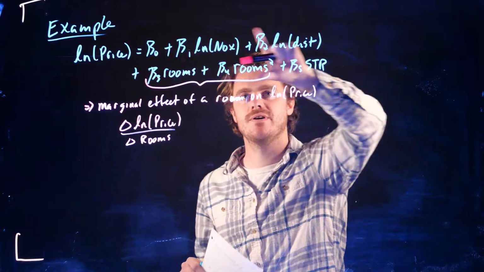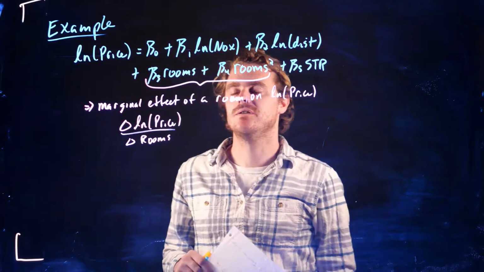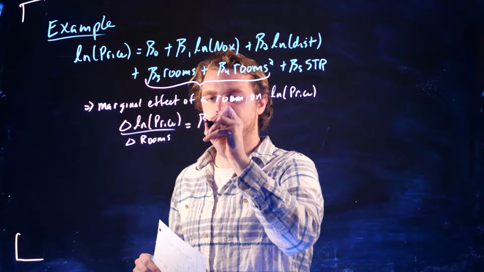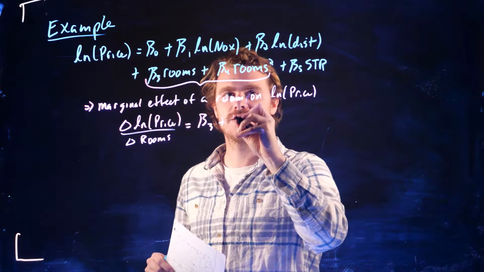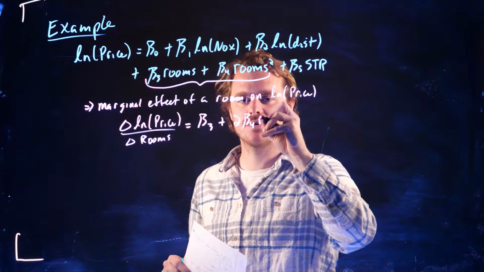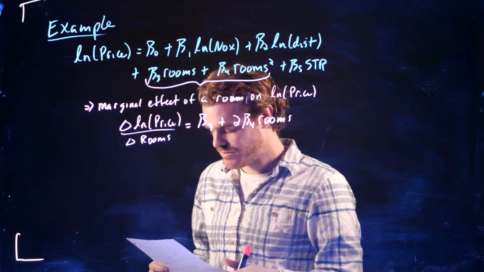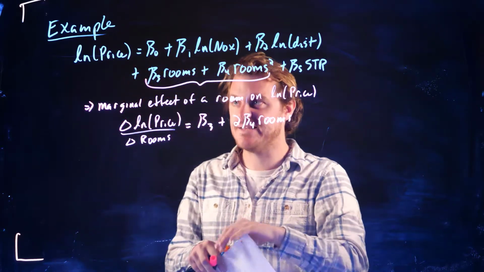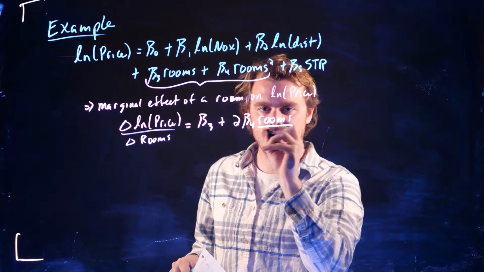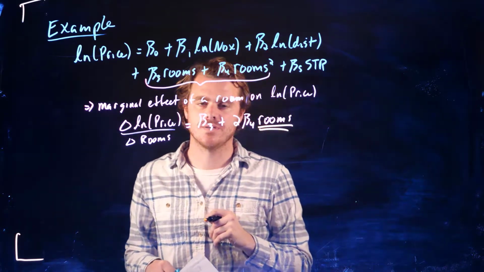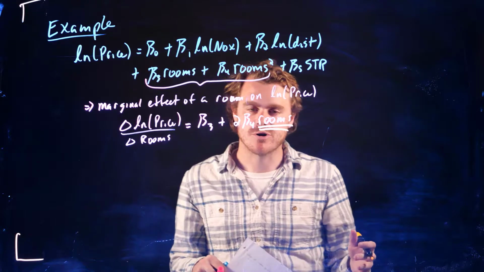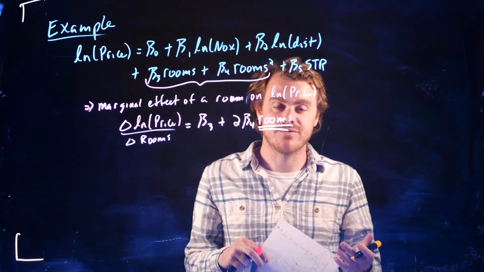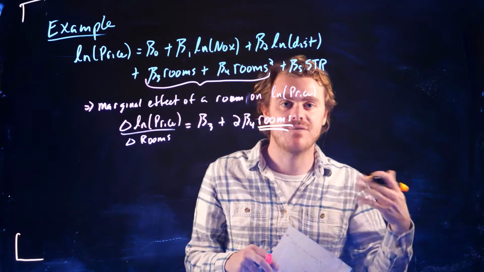We're going to take the derivative of this right-hand side with respect to rooms. And so if we do that, we get beta 3 plus 2 times beta 4 times rooms. So again, the marginal effect is going to depend on the number of rooms. If we have 10 rooms and we add an 11th, that marginal effect of adding that room is going to be different than if we just have 4 rooms and add a 5th room.